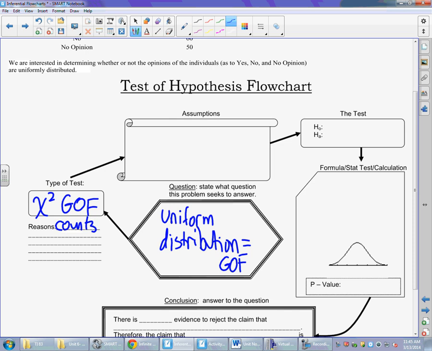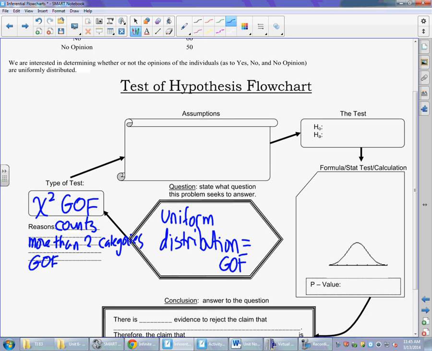All right, so means go with ANOVA, population proportions go with chi-square. More than two categories. And I think probably the most obvious one is in the question when they're talking about whether it's a uniform distribution, implying that it's asking for goodness of fit.